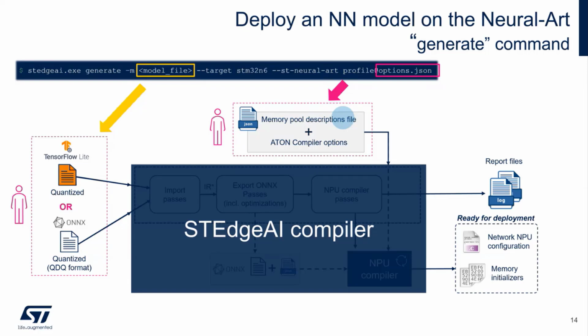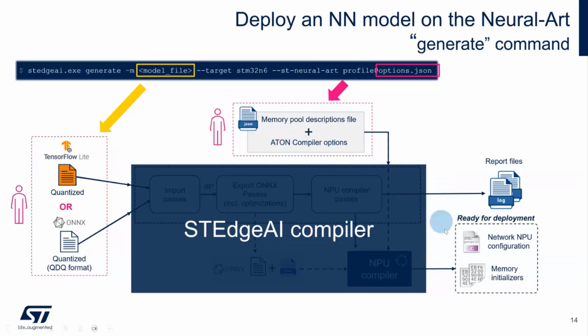Then you will have to limit and not give all the 4.2 megabytes to the neural art processing. So it will compile these two pieces of information as well as some specific compiler options. For example, I want to use the epoch controller, so I want the neural art to be kind of autonomous or not. So there are also some add-on compiler options that are described in the documentation.